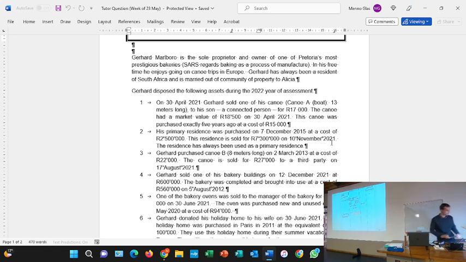Then you get, what's your gain on that? It is 4.8 million.